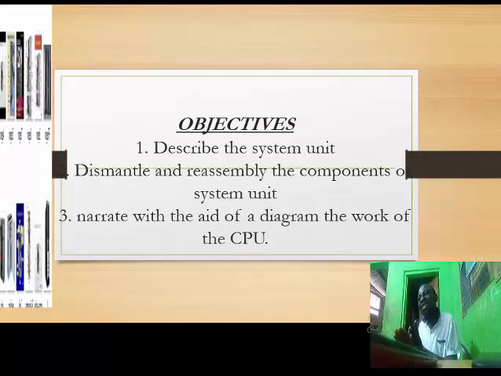Third, narrate with a peer or a friend with the aid of a diagram the work of the CPU. That means you are going to make a drawing, a sketch form, of how the CPU works. I hope I'm clear. Thank you very much.